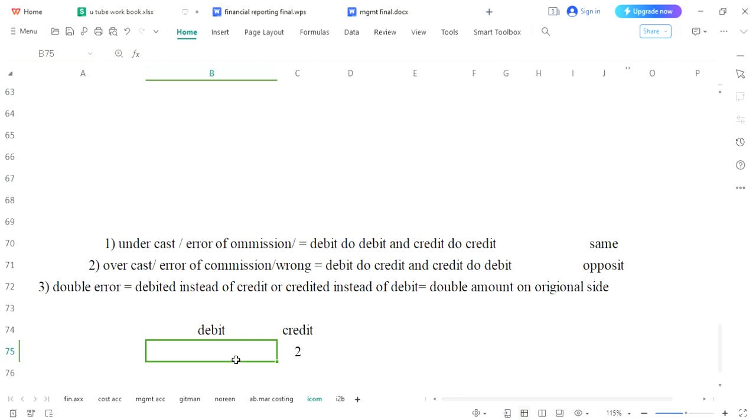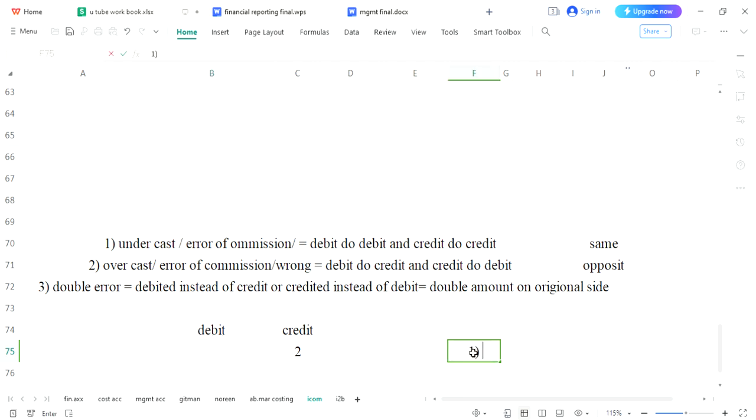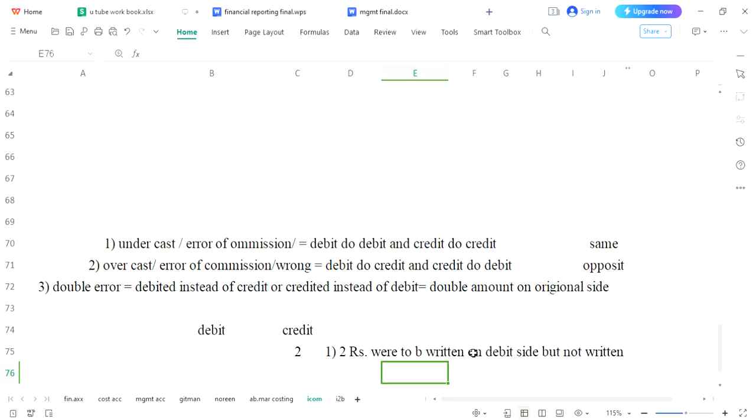One, you were supposed to write, but you haven't written. This is the first error: 2 rupees were to be written on the debit side, but not written. First mistake.